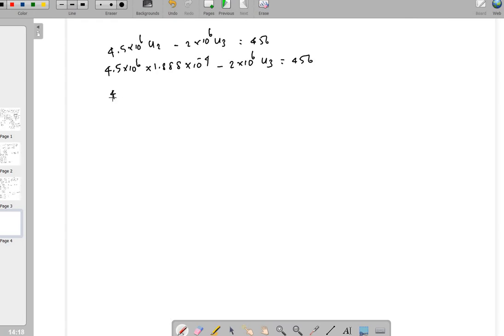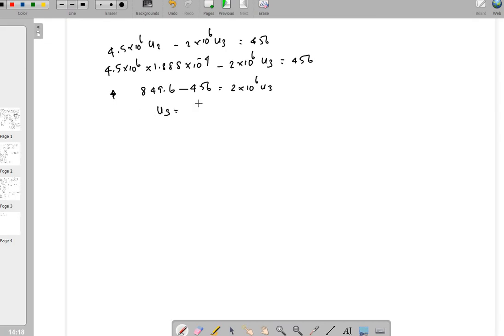So 4.5, if you multiply this, you get 849.6. If you bring this 456 to this side, it is minus 456, and you bring 2 into 10 power 6 u3 to that side.